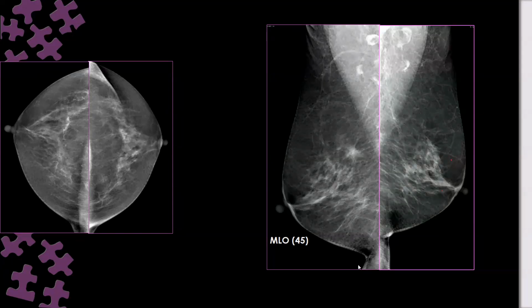Okay. So here at this level, we call it asymmetry. There is asymmetry in the posterior upper right breast. I don't know exactly where. So what is the next? This is the MLO. What is the next?